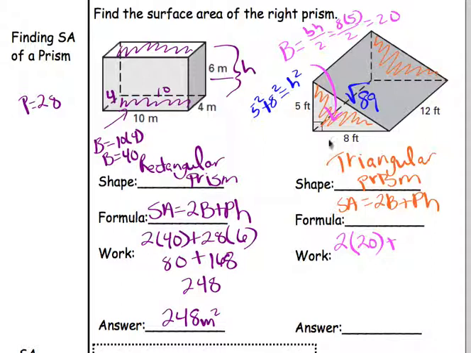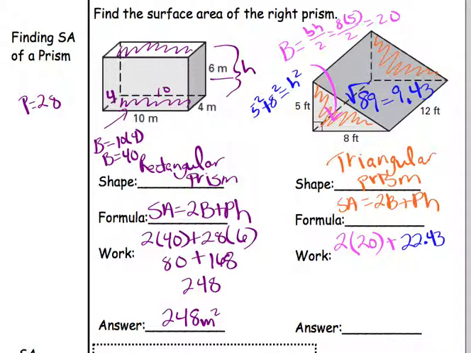About 9.43 is the square root of 89. So I'm going to use that for this hypotenuse of this triangle here. So for the perimeter, I need to add 5 plus 8 plus 9.43. And so the perimeter, when I add those three sides, is 22.43.